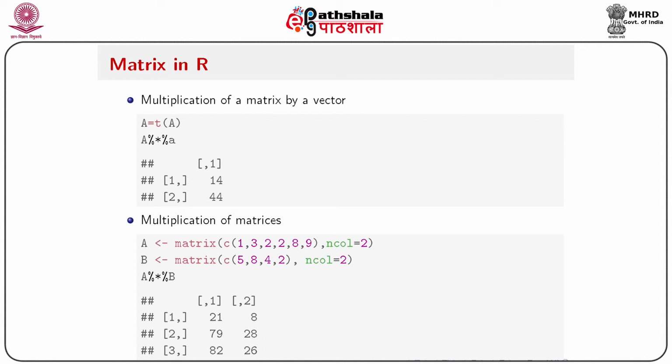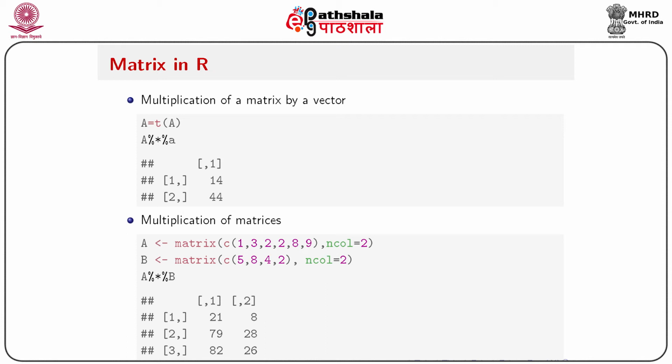So a is a small a, a vector, so automatically it will give you a vector multiplication, and as it is a 2 by 3 matrix and a 3 by 1 vector, automatically the result will come as a 2 by 1 vector.